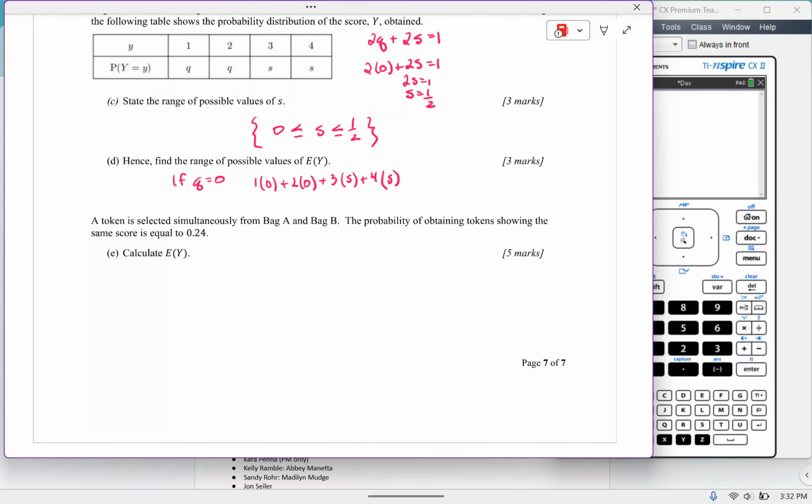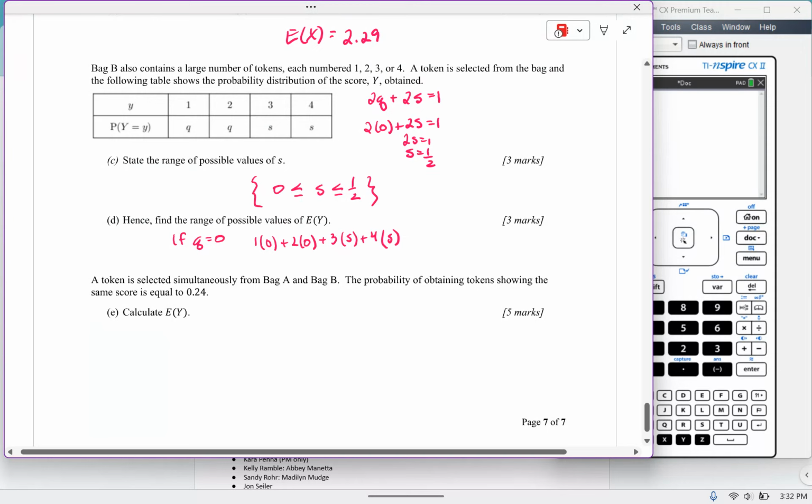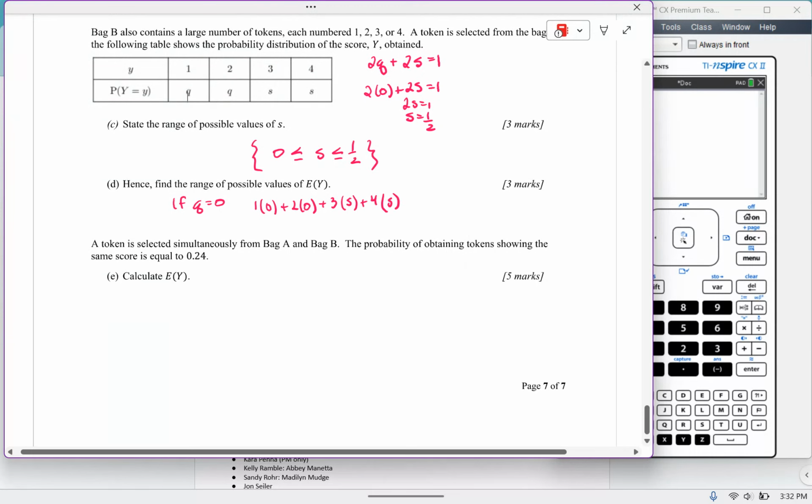Did that make sense in my explanation? Okay, so think about it: if this was canceled, wouldn't we have a higher expected value if we're taking the 3s and the 4s? Versus if these were canceled, this would be the lowest expected value. Better? Okay.